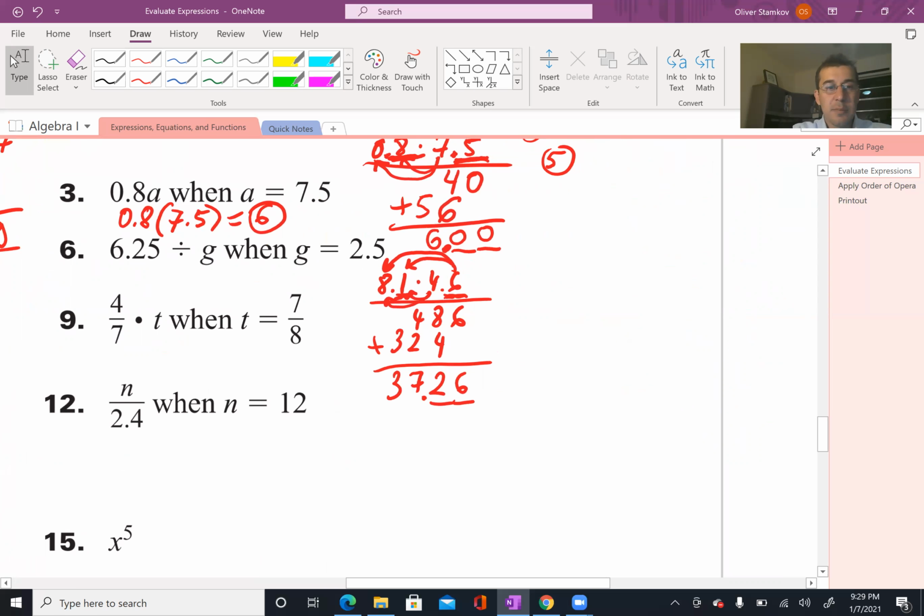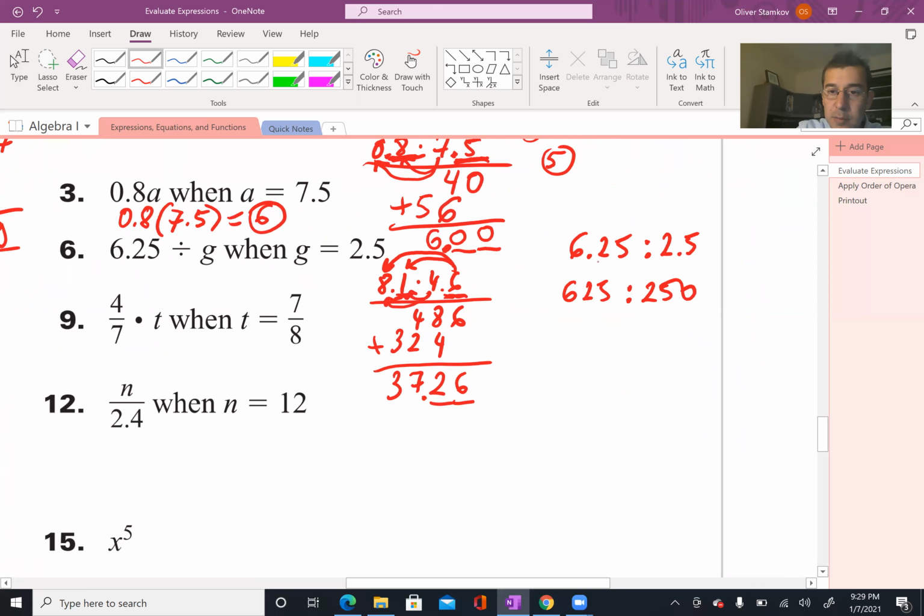All right. Number 6, let's do number 6 on the side here. So this is 6.25 divided by 2.5. Now this is the same thing as 625 divided by 250. Why?